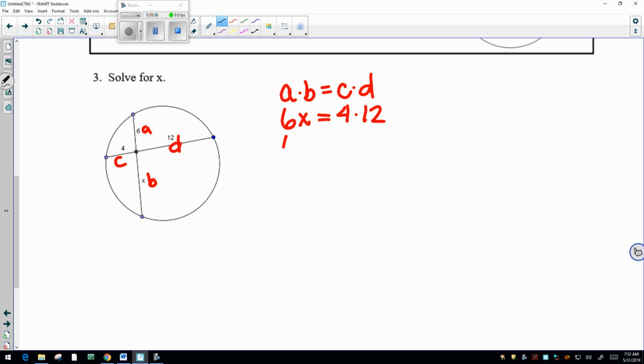So 4 times 12, we're going to have 48. And to get X, we're going to divide through by 6. And we're going to see X has a value of 8. So again, you can see if you add them up, those chords are definitely not going to be equal, but they, I will say, will be in proportion.